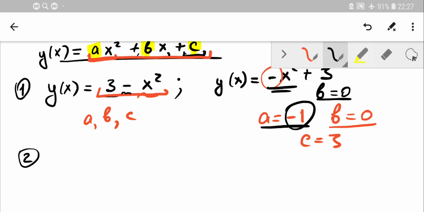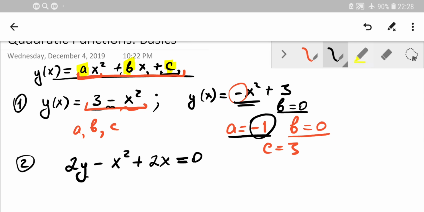Okay, next, let's try another example. For example, 2y minus x squared plus 2x, and let's say it equals 0. So what sort of equation or function is that?